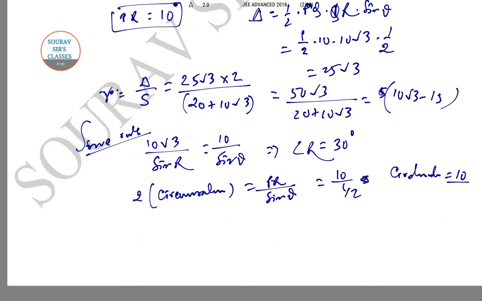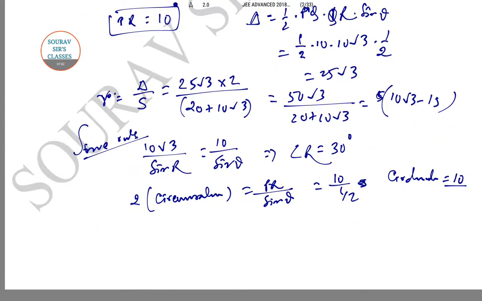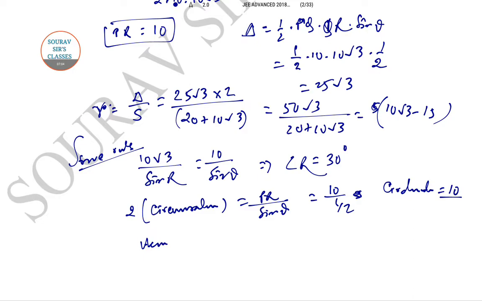Hence the area of the circumcircle will be pi r squared, so in this case it is 100 pi.